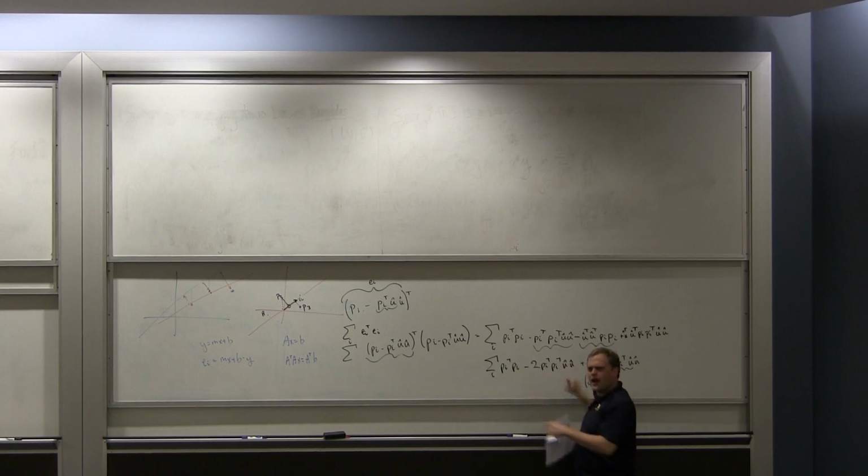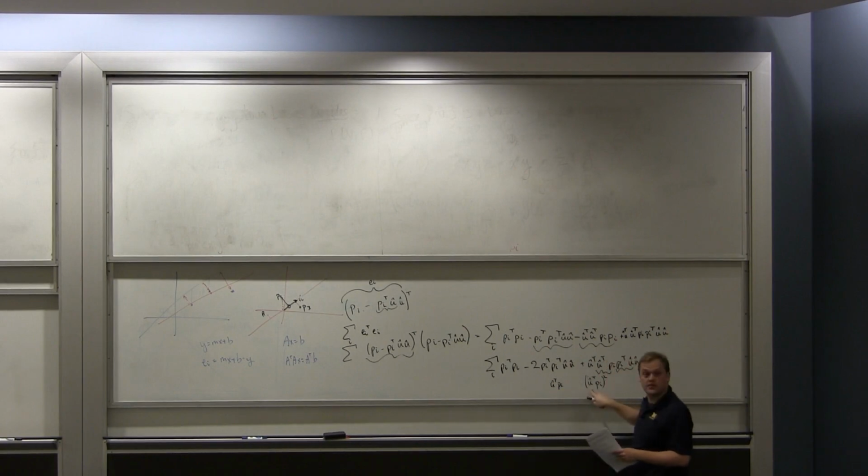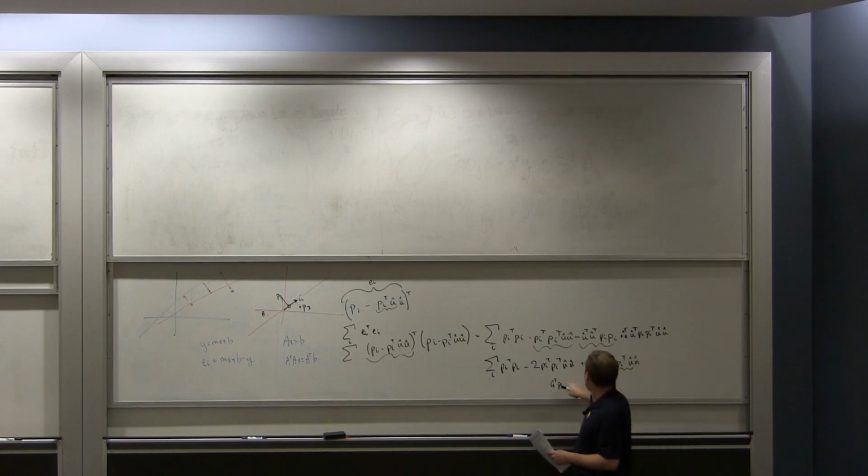Good. See, I'm glad we did this. All right, and hopefully we're going to end up with the right answer here at the end of the day. So we're going to have this quantity here, which is also u^T p_i. I'm just writing it in the other direction so it matches this dot product for clarity. And we're going to end up with that squared.